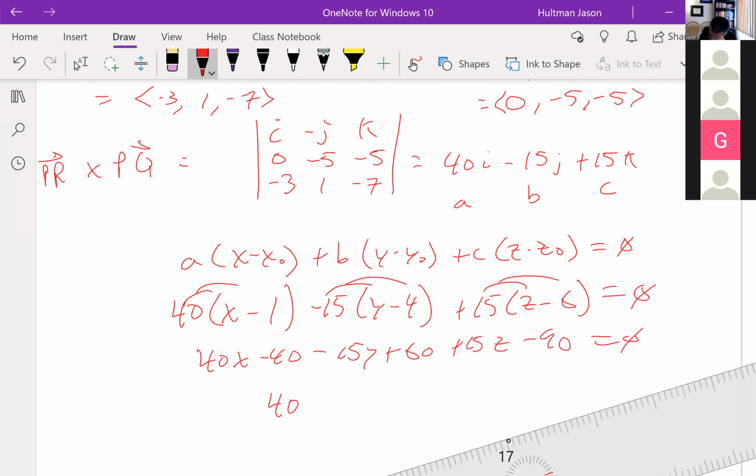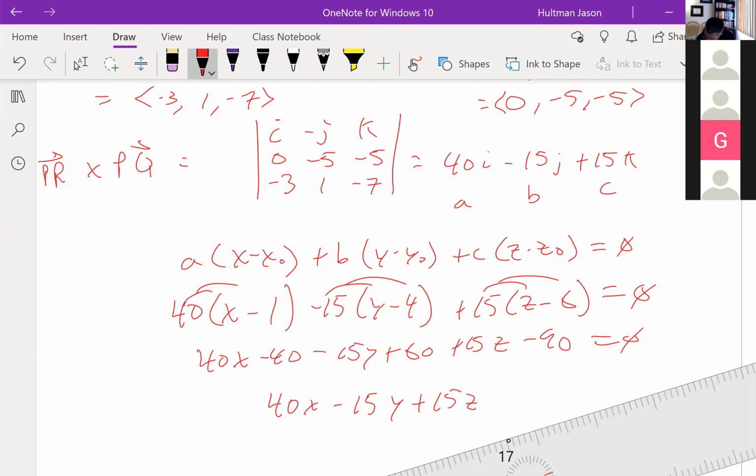So this is 40x minus 15y plus 15z equals... I don't know what I did. No, that's right. So it's 40x, yep, that's right, minus 40.